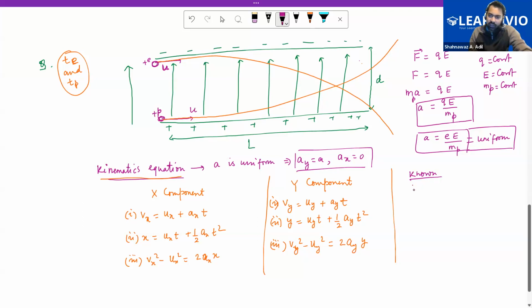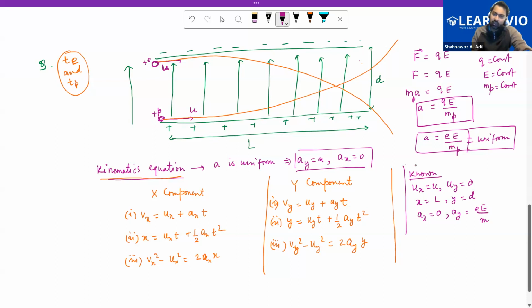Known thing is that ux is u, uy is 0, right? And also you have x equals L and y equals D. And also you have ax equal to 0 and ay equal to eE by m.